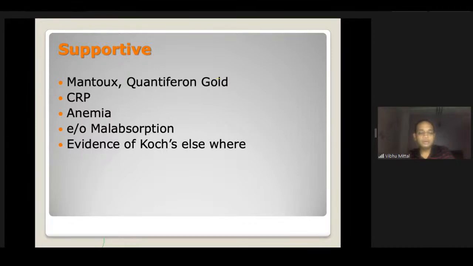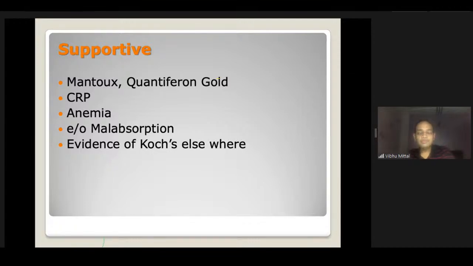So if we are seeing a patient in the clinic with abdominal pain, alternating constipation, diarrhea, but we're not very sure whether organic disease is there or not, I would be interested in looking at CRP, anemia, some evidence of malabsorption. Young male with a normal CRP, no anemia, chances of ending up diagnosing tuberculosis in him would be low. So that is the importance of supportive diagnosis.